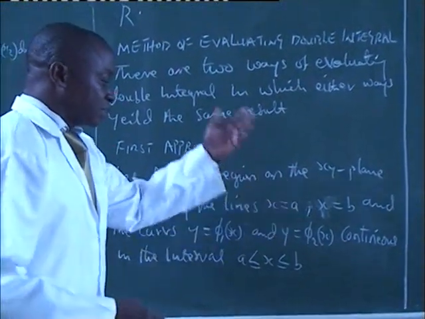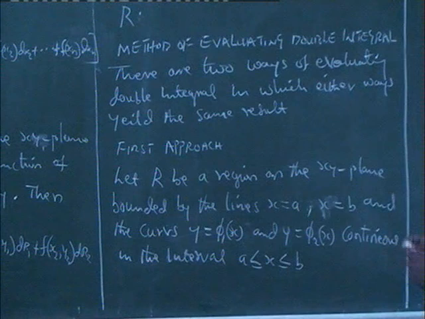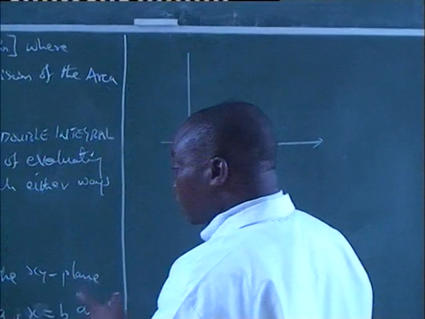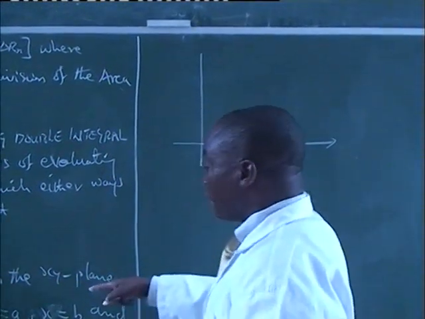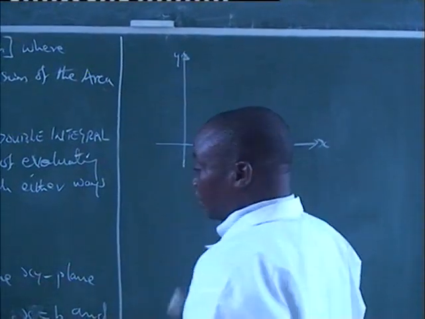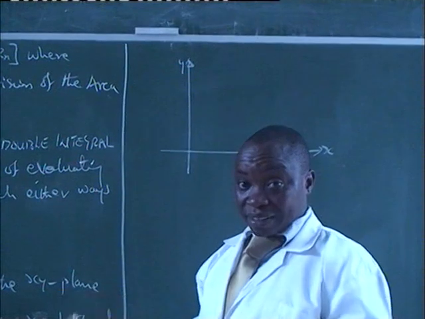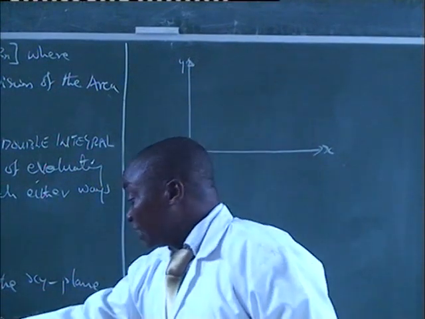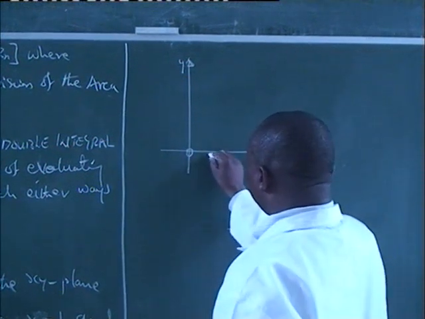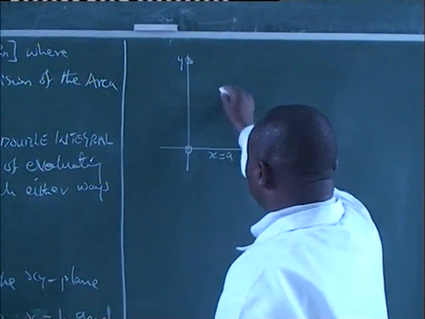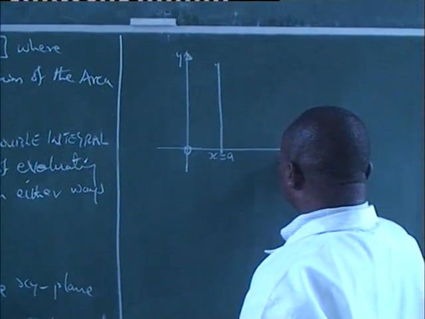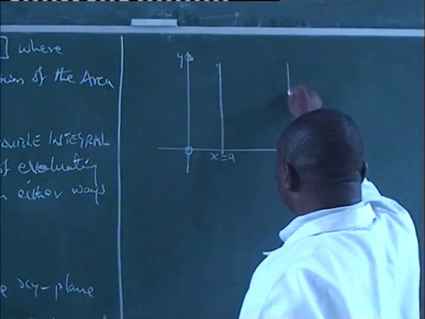Now let me show you the diagram so that we will imagine what we are trying to say here. I said let R be a region on the xy plane. This is the xy plane, and R is bounded by the lines x equals a and x equals b.